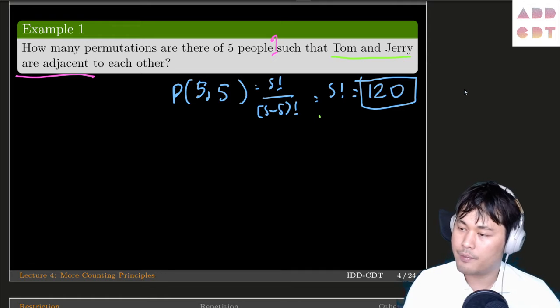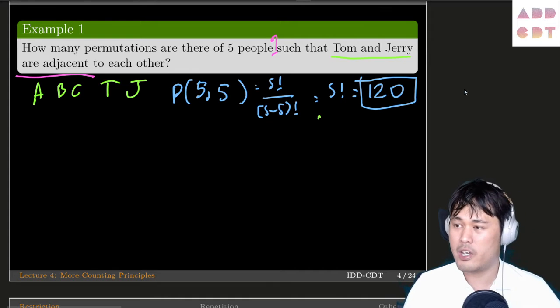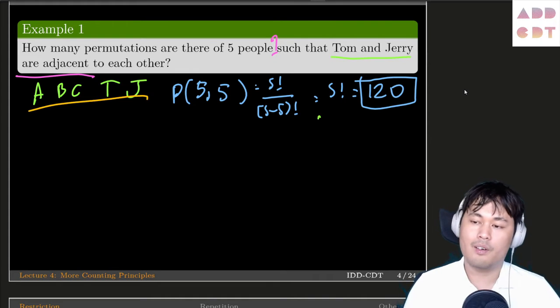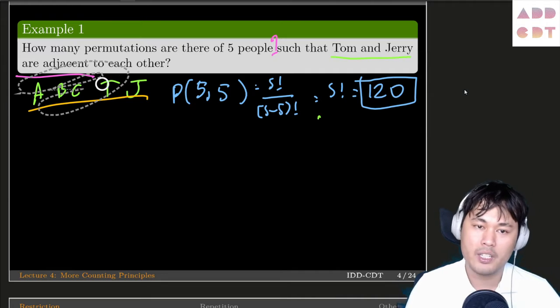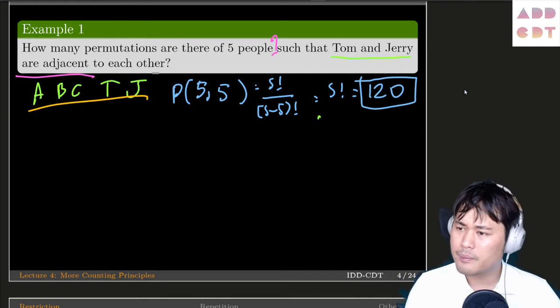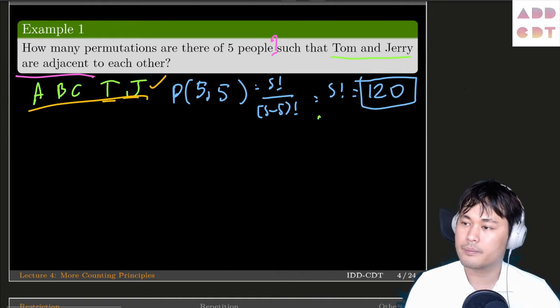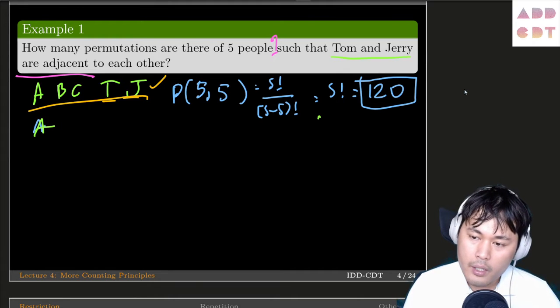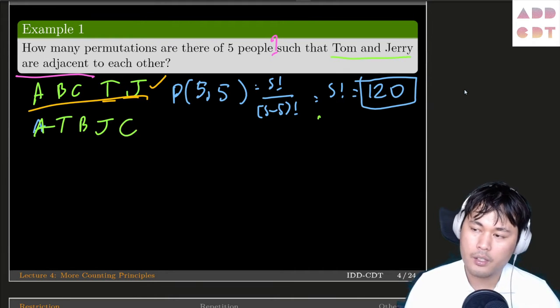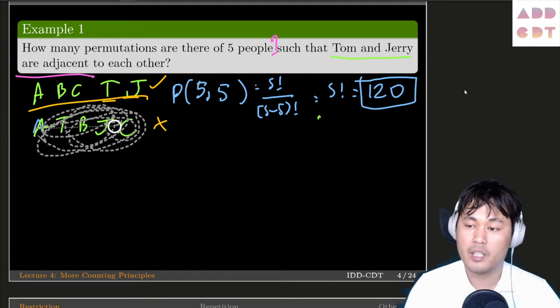So for example, let's say those 5 people are A, B, C, Tom and Jerry: A, B, C, T, J. You can permute them in a line this way, A, B, C, T, and J, and this is what we want, because Tom and Jerry are adjacent. But if you switch things a little bit, for example, A and then T and then B and J and then C, then this is a permutation, but it's not a permutation that we want.